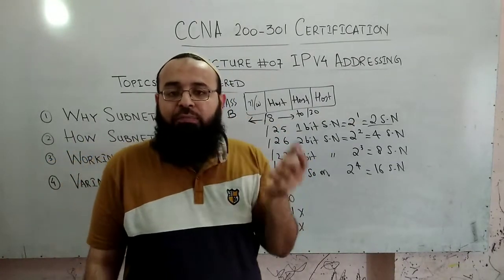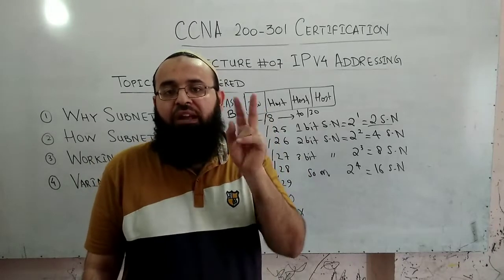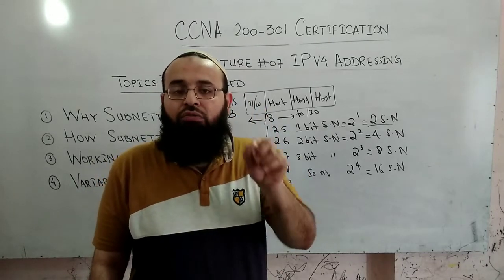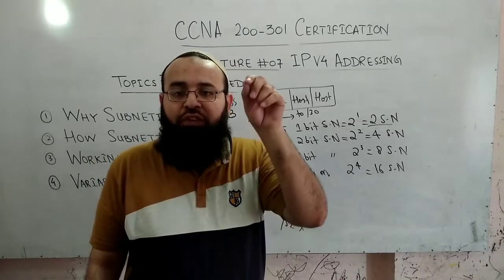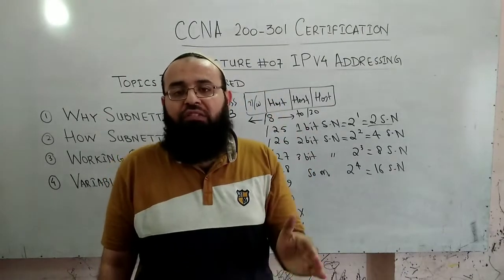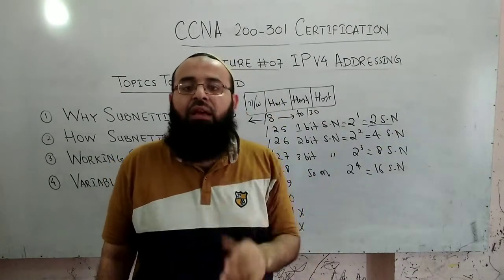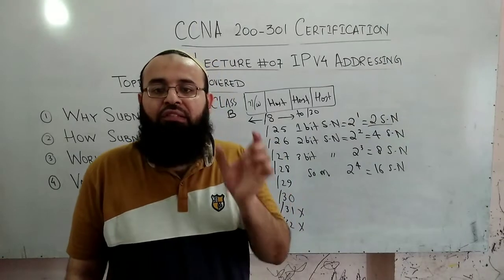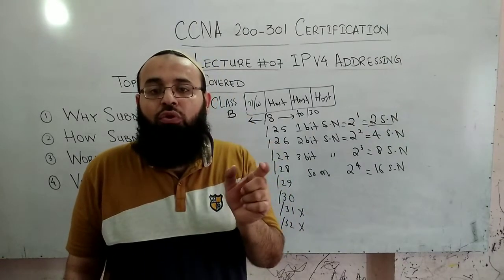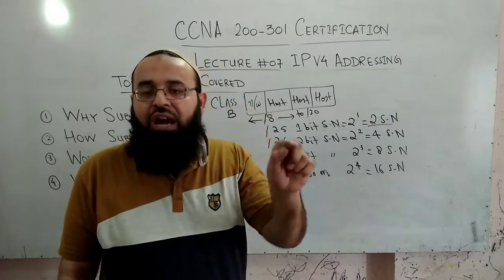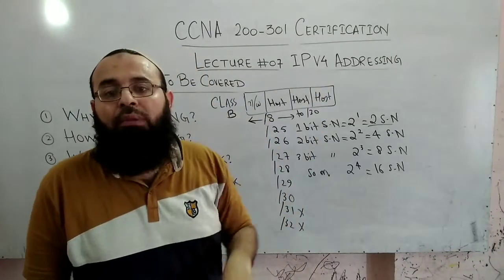In case of a class B IP address, since it has two octets for the network, you start with /16 and can move up to /30. In case of a class A IP address, since the first octet belongs to the network, you can start from /8 and move up to /30.